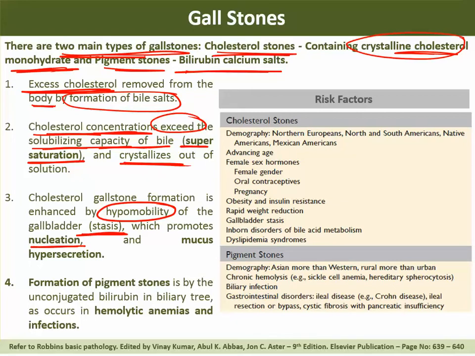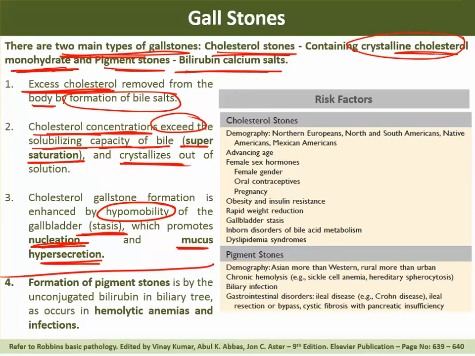That is called nucleation. Then the gallbladder goes into hypersecretion of mucus, and everything joins together and forms the stones. This is the pathogenesis of cholesterol stone formation.